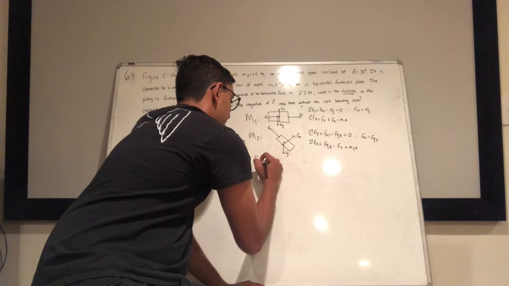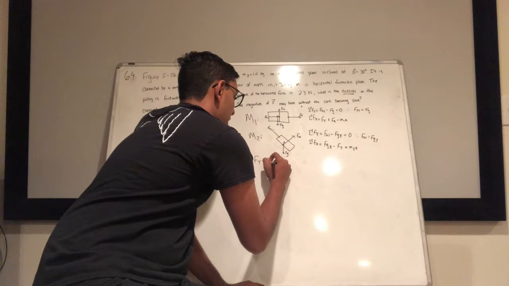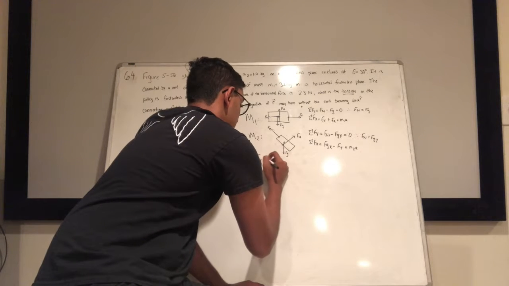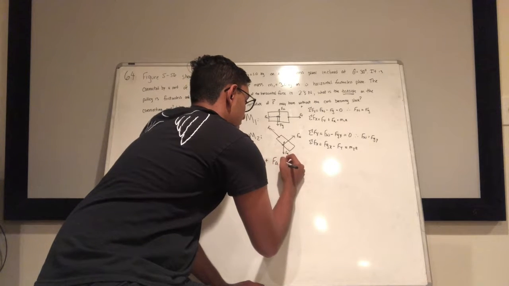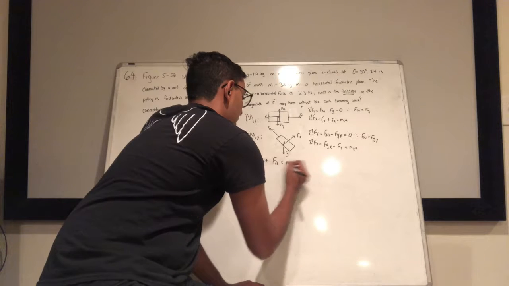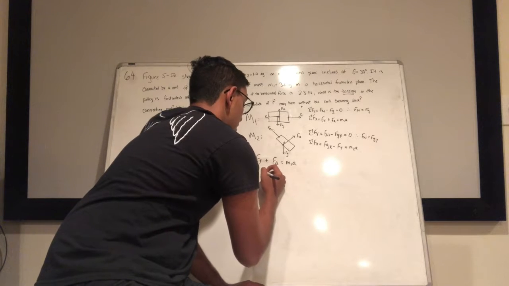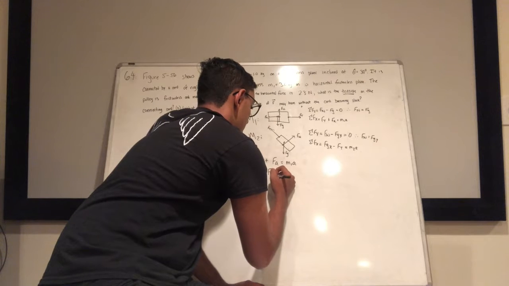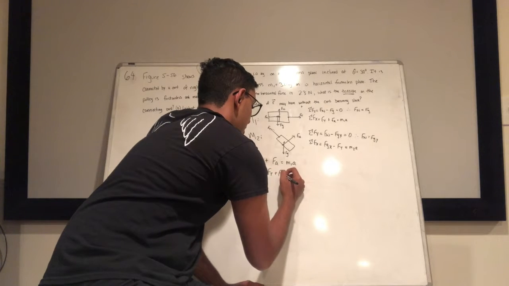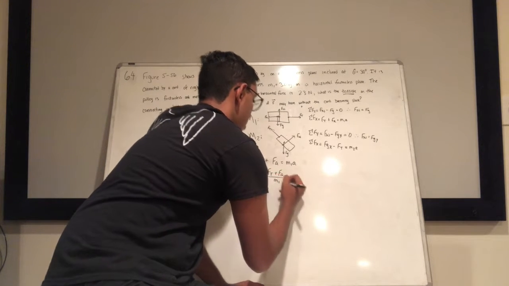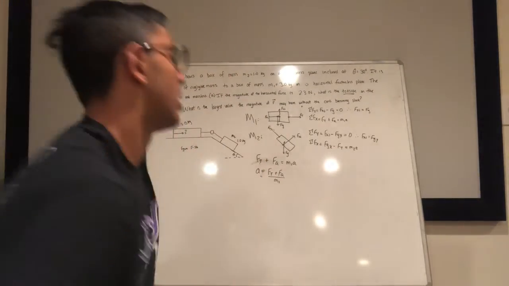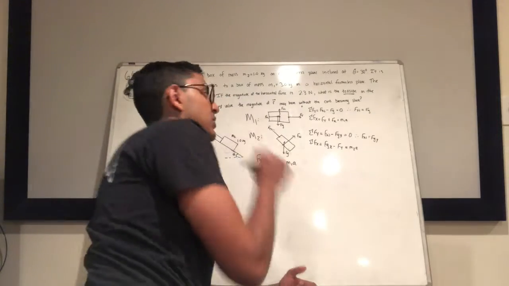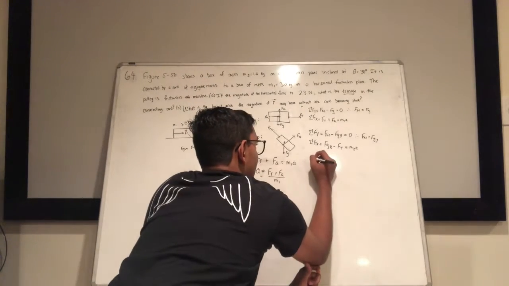Ft plus Fa is equal to M1A. So we know that the acceleration is equal to Ft plus Fa divided by M1. Now let's take the other sigma F statement and write in the equation for the acceleration of the block again.